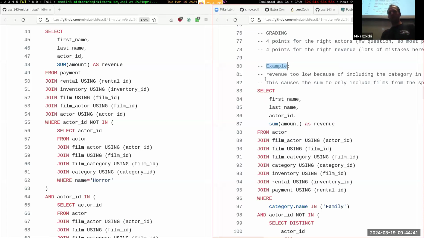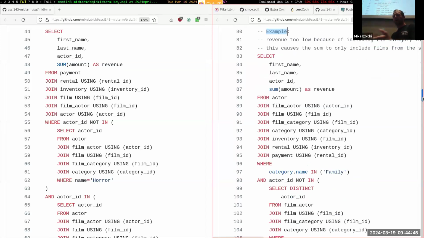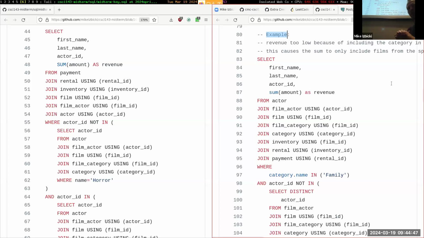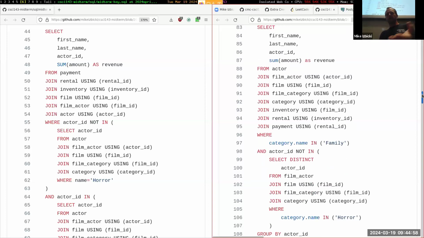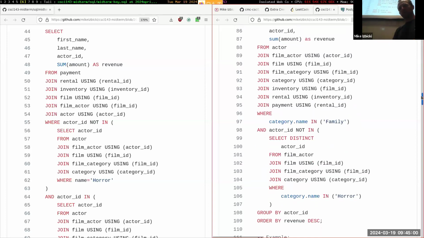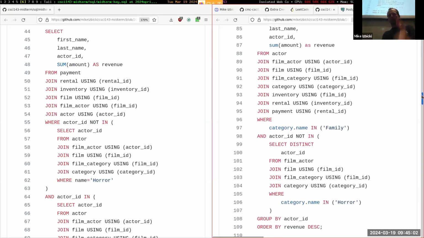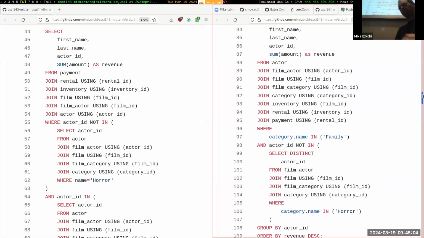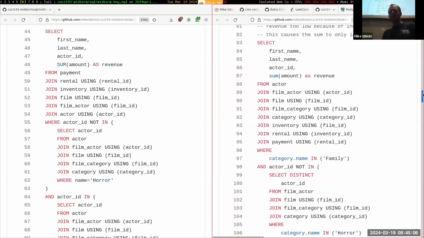Okay, this first common problem was that people were not getting enough money somehow in the amount that they were saying that each actor was earning or coming in revenue. And this is a student submission over here on the right-hand side, a very common pattern that maybe 10 or so students had.